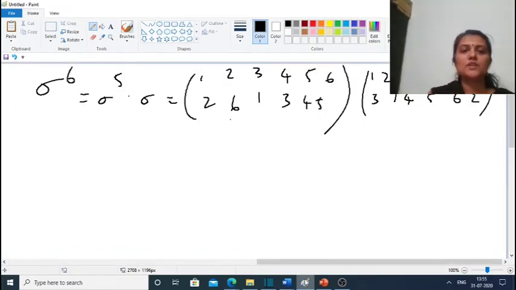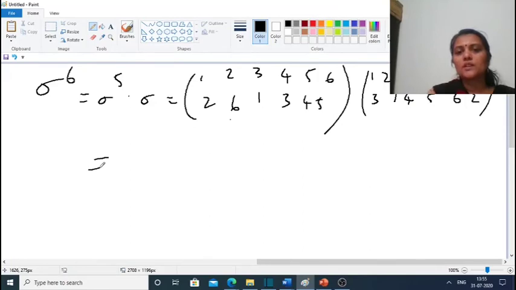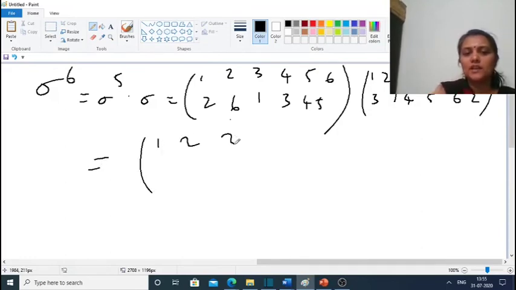So sigma raised to 6 is equal to sigma raised to 5 into sigma. Sigma raised to 5 is (1 2 3 4 5 6 / 2 6 1 3 4 5), and sigma is (1 2 3 4 5 6 / 3 1 4 5 6 2). In this multiplication we write the first row as 1 2 3 4 5 6.